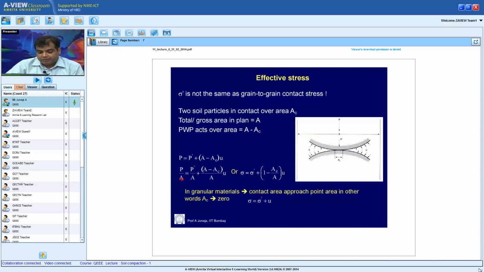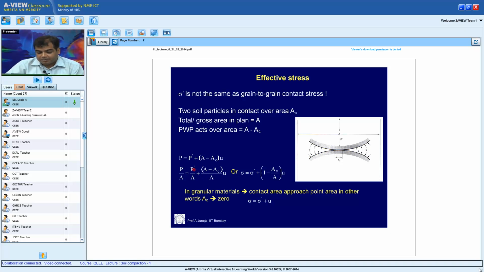Look at this carefully. P by capital A is the total load divided by total area. It's our sigma, total stress, which we have defined. P prime by A, conveniently, I just represent as sigma prime for the time being.